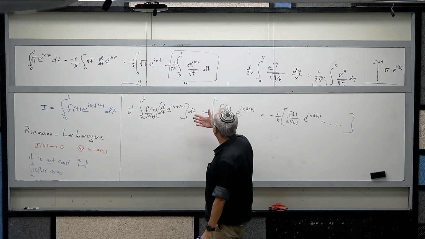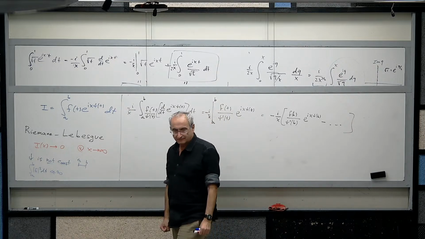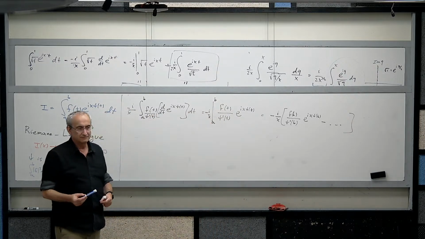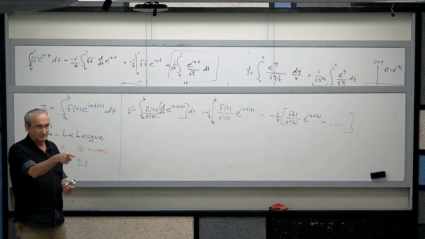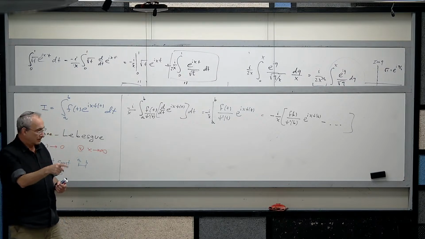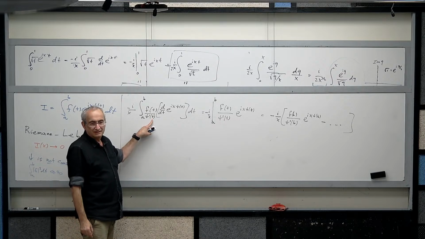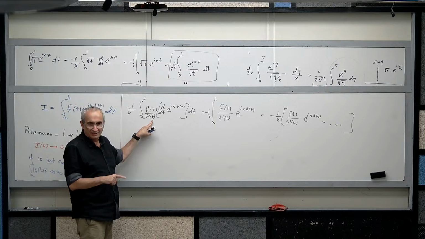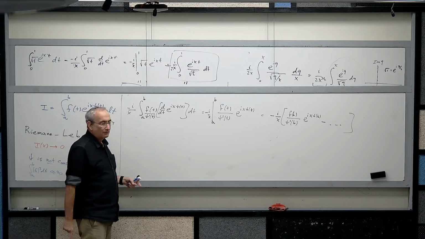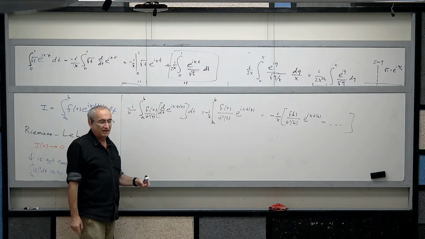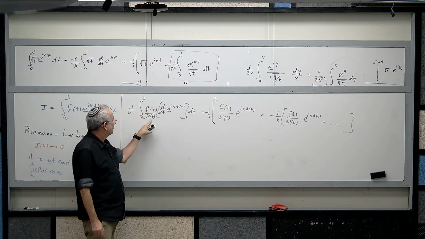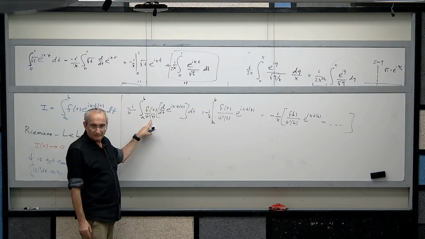When do we expect this procedure to break down? When psi has a maximum or minimum. Exactly. When psi prime is 0 somewhere between a and b, not necessarily at the endpoints. When it is 0 somewhere between a and b, this thing diverges. You see?